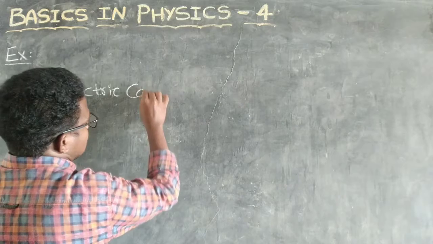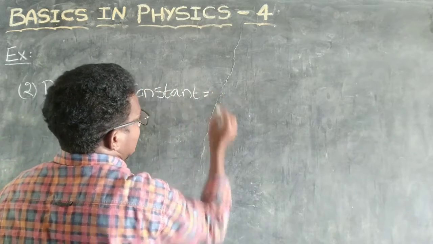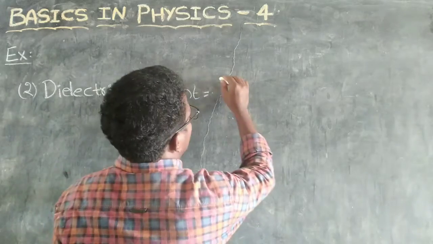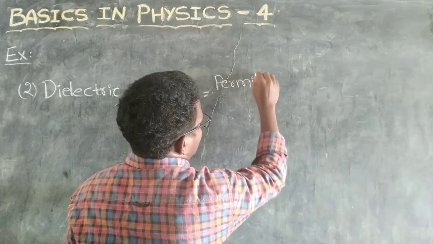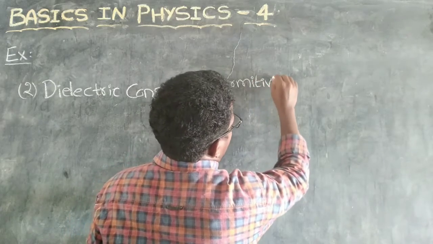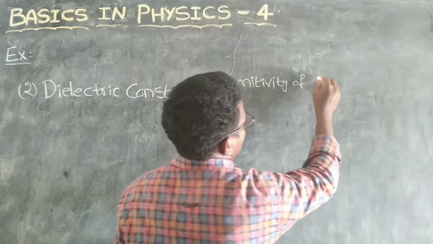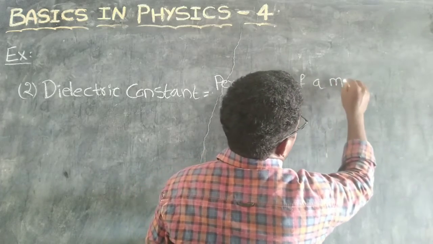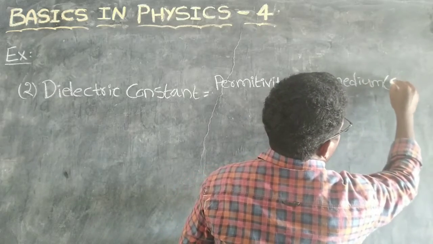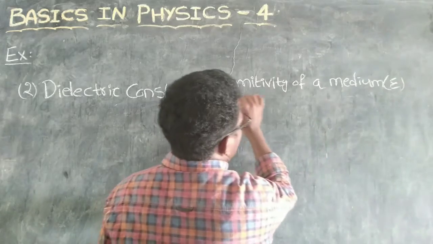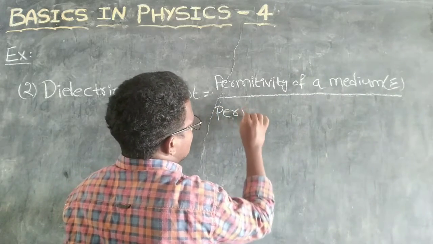Dielectric constant means permittivity of a medium, epsilon, by permittivity of free space.